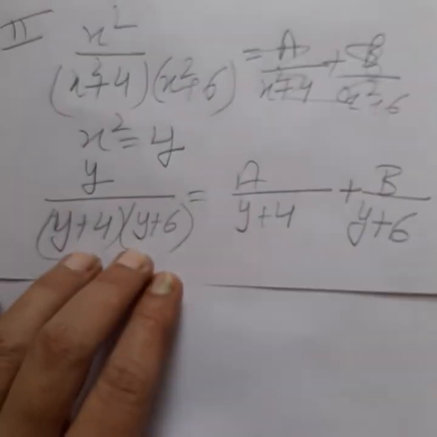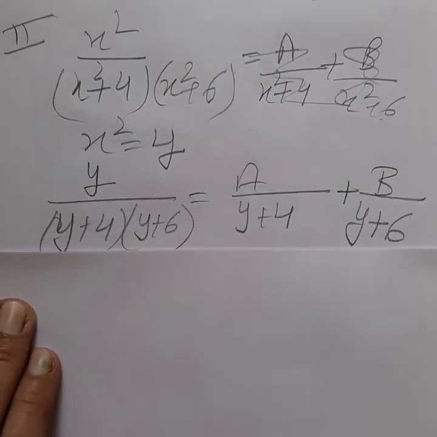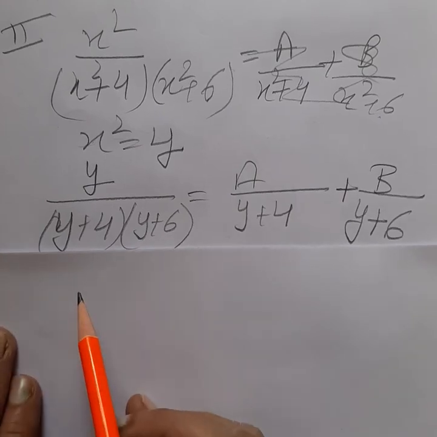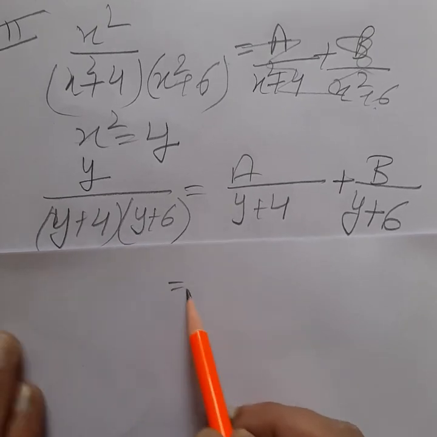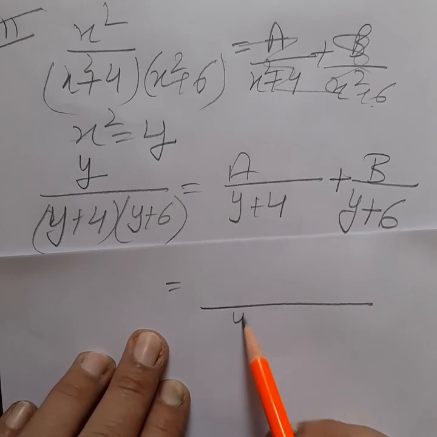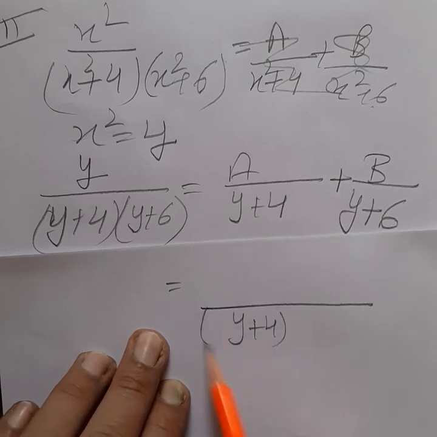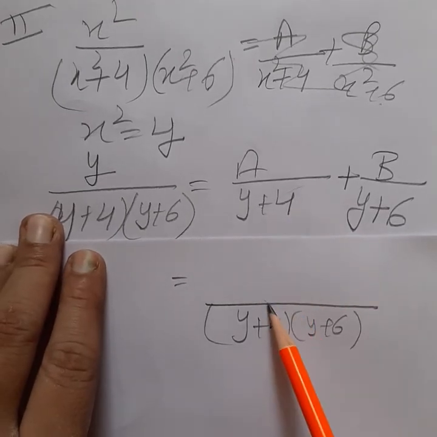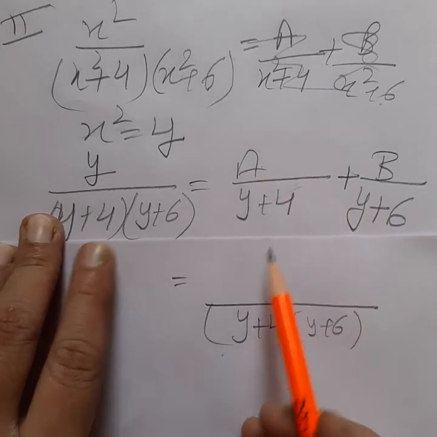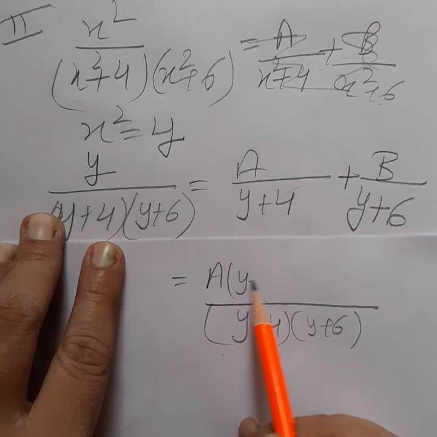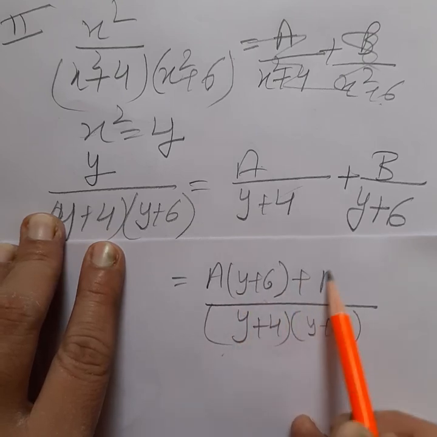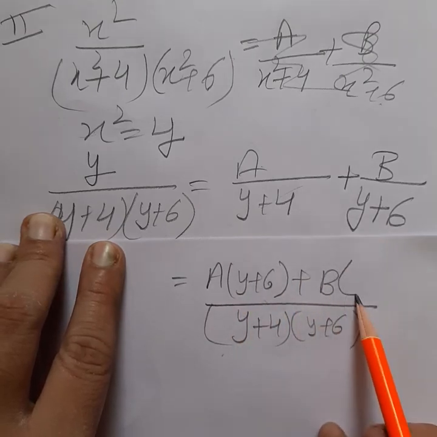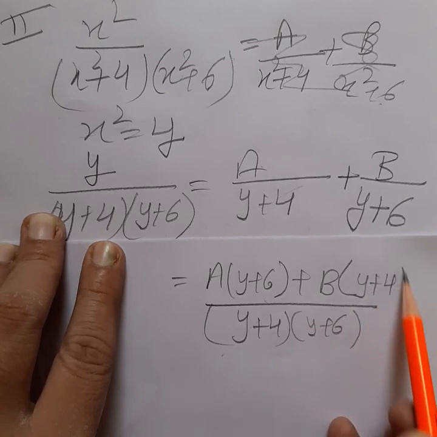Now how can we solve it? As we have done earlier, first of all we take the LCM as y plus 4 and y plus 6. Cancelling y plus 4, we multiply y plus 6 with a, and by cancelling y plus 6 we take b times y plus 4.